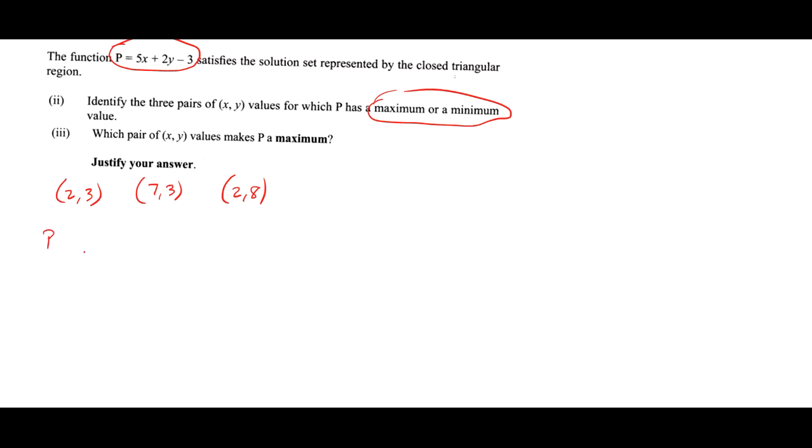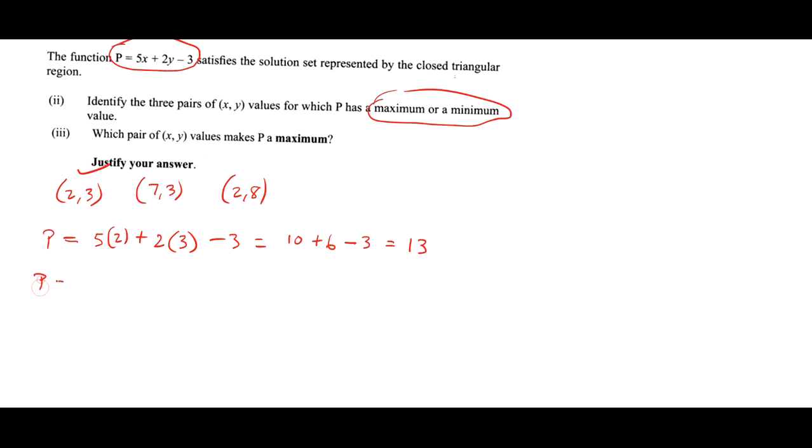So for the first point, I'm going to say p is equal to 5 by 2, because x is 2 in the first instance, plus 2y, which is 3, minus 3. Which will give me 5 2s are 10, plus 6, 16, minus 3, which is 13. So that's the value of p when we choose the first coordinate.